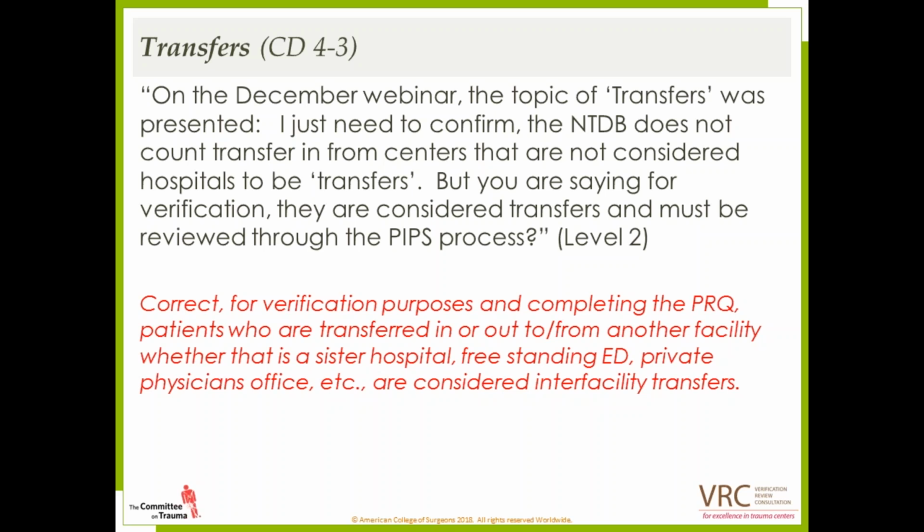So in this instance, for verification purposes, and completing the PRQ, patients who are transferred in or out to or from another facility, whether that is a sister hospital, freestanding ED, or satellite ED, we call them, private physician's office, etc., are considered interfacility transfers. Again, I know NCDB/TQIP calls it something else, they don't call it a transfer in, but for verification purposes, that is our definition.